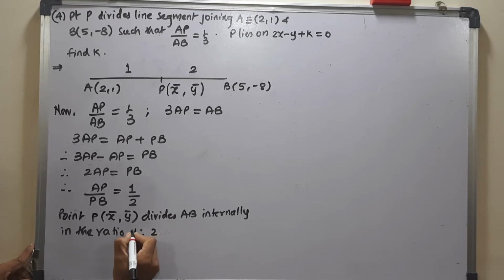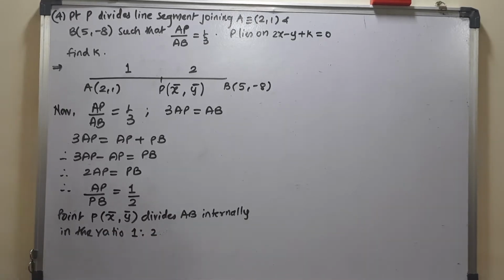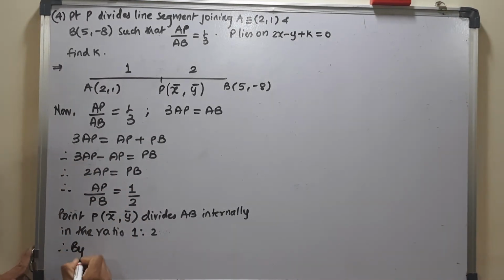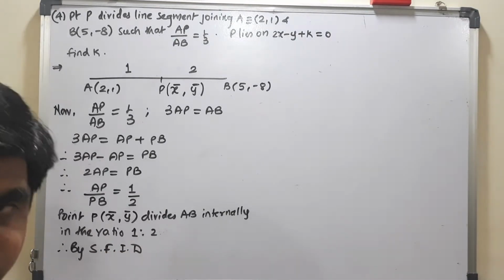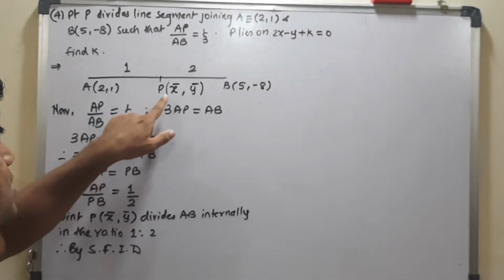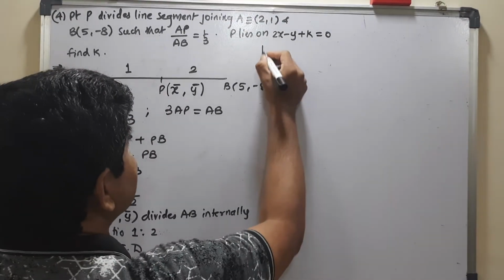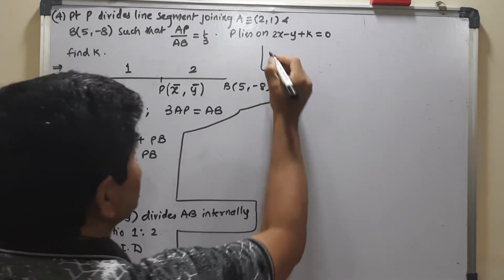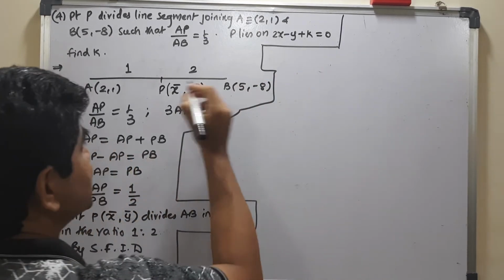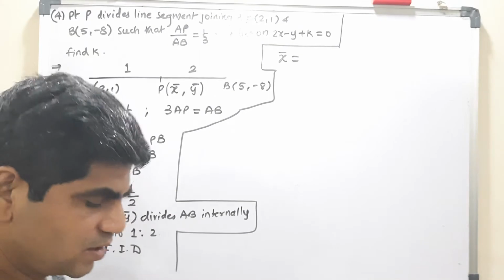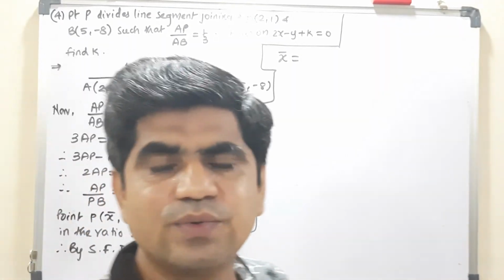By section formula for internal division, if you remember, the x coordinate of the division point, that is x bar, is equal to (mx2 plus nx1) upon (m plus n).